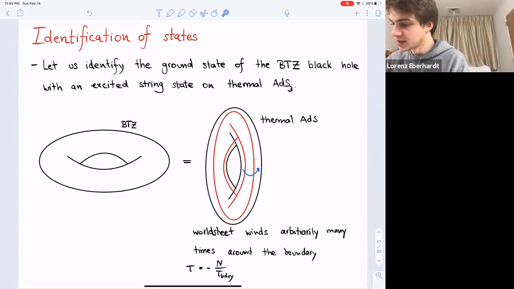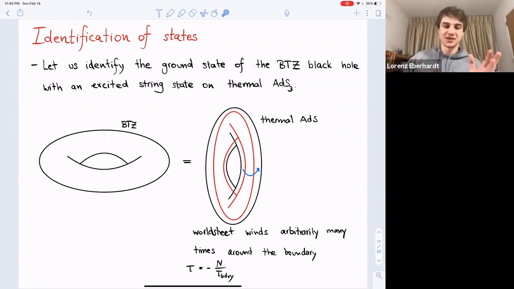So what's the state? You can find it by taking the thermal AdS partition function that I showed you before and seeing what it is dominated by in some high energy limit. I will discuss the Hawking-Page transition in a second, but the BTZ black hole dominates the high temperature behavior of the partition function.